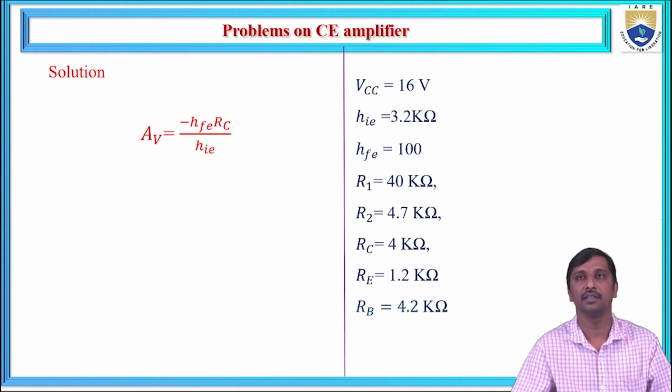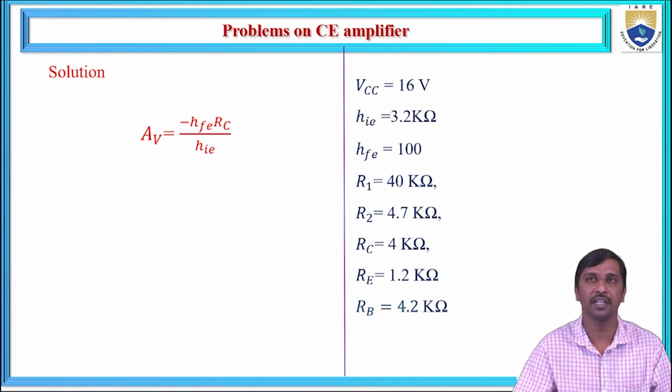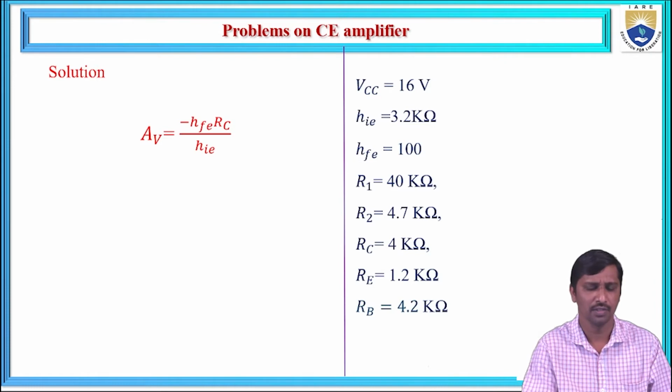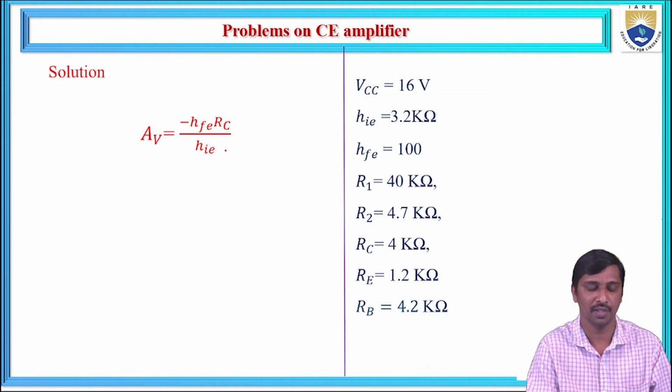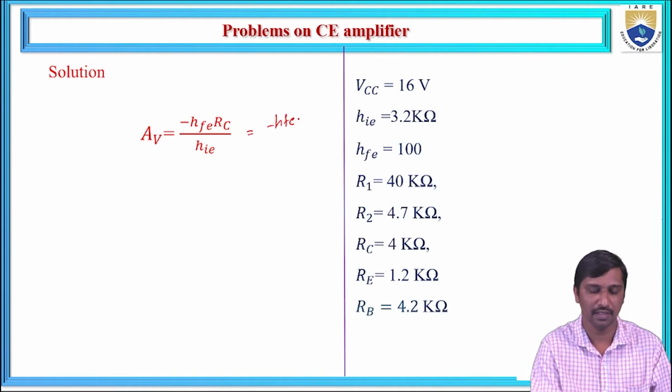Now, in the given problem, we need to determine the voltage gain as well as the current gain. For the common emitter amplifier, from the H model analysis, the voltage gain is represented as minus HFE times RC by HIE, or otherwise you can also write minus HFE times Z0 by Zi.